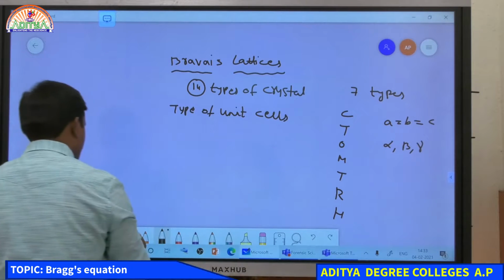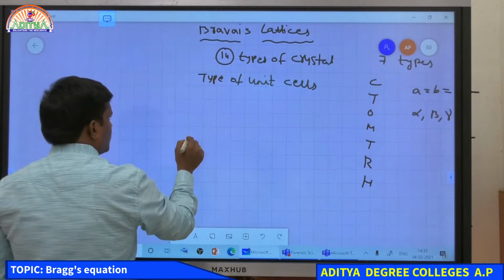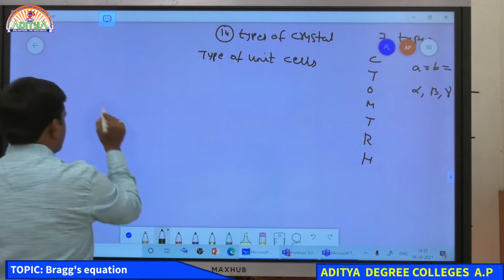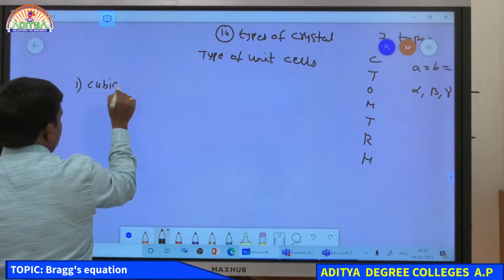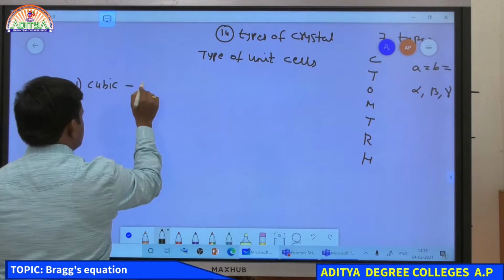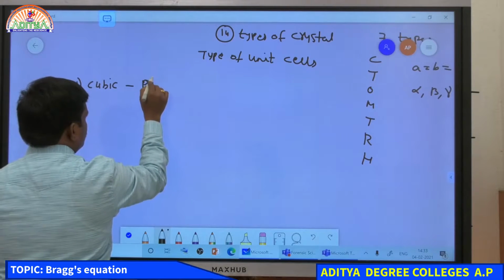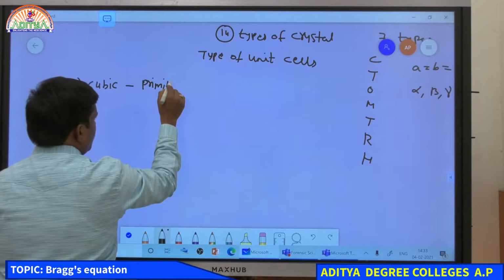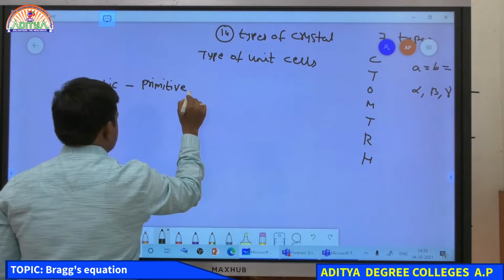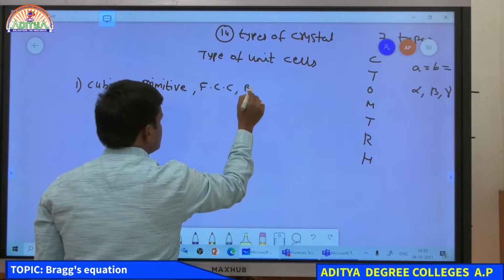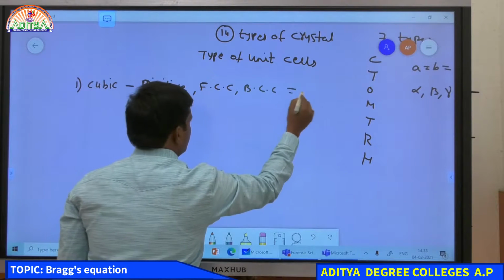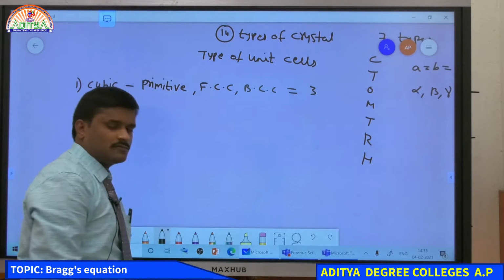First one, the cubic crystal. The cubic crystal is further divided into 3 types: primitive or simple cubic, second FCC, and third BCC. So in total there are 3.